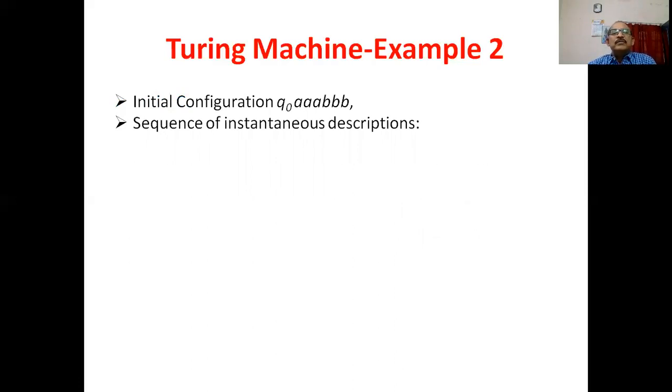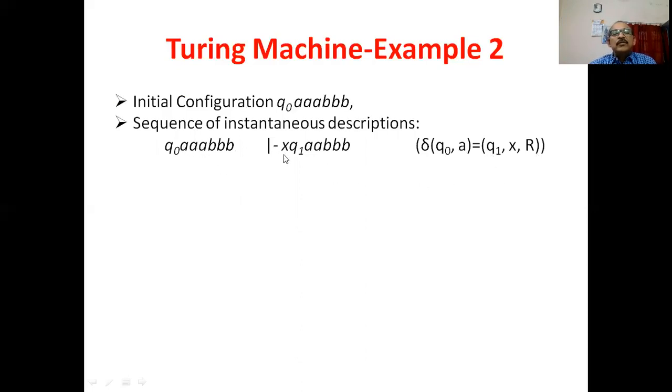What will happen if AAA and BBB is the input to the machine? How do we represent it? We already know the initial configuration is this. The machine in state Q0 reads A, then moves to the state Q1, replaces this A by X and moves in the right direction.